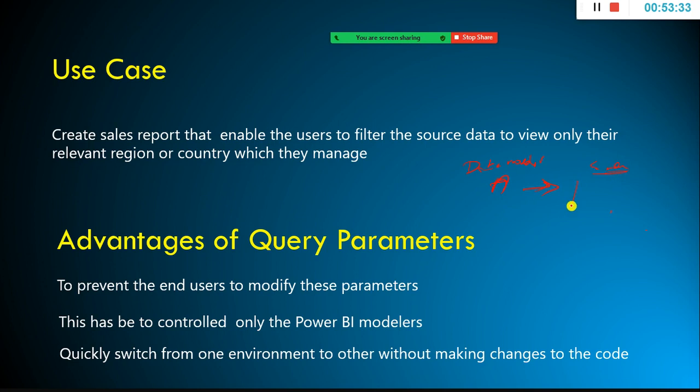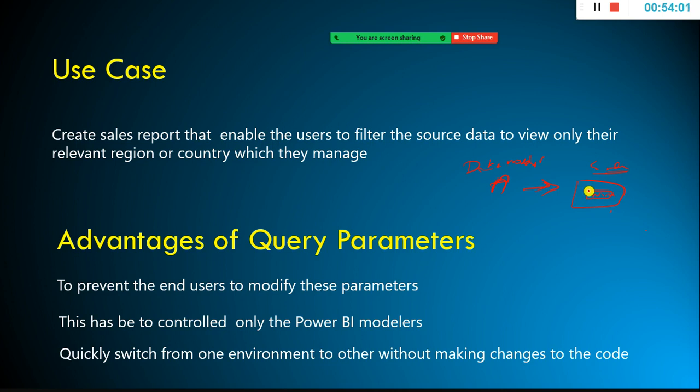Once he receives the report from you, he can open it. While opening it, it should prompt him to specify the region for which he intends to view the data in this report. For example, if he types North when it prompts, it will be assigned to a parameter.